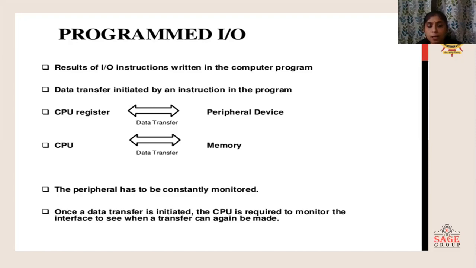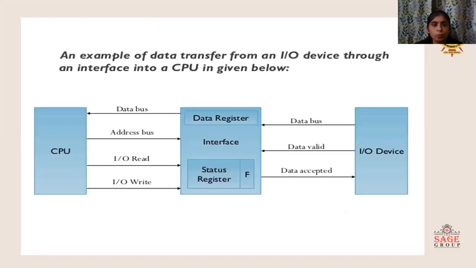The peripheral has to be constantly monitored. In this case, the input output devices are constantly monitored by the CPU. Once a data transfer is initiated, the CPU is required to monitor the interface to see when a transfer can again be made. So this is about the only theoretical part of programmed input output.